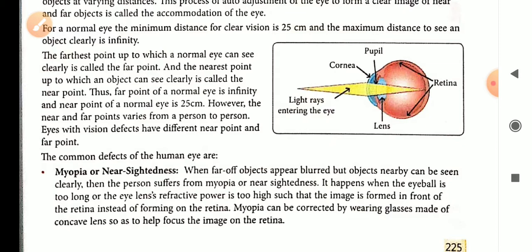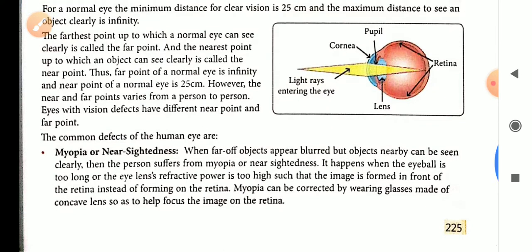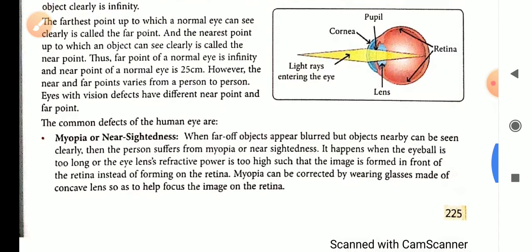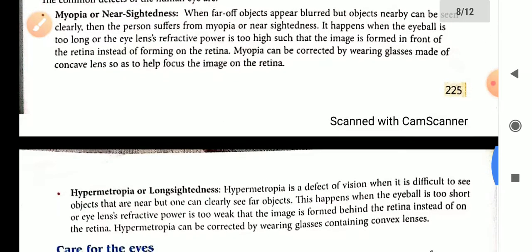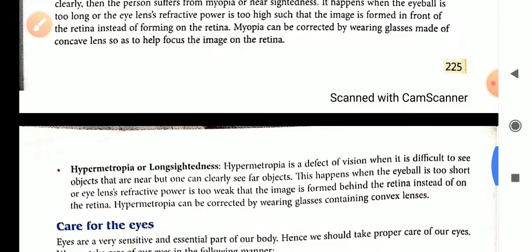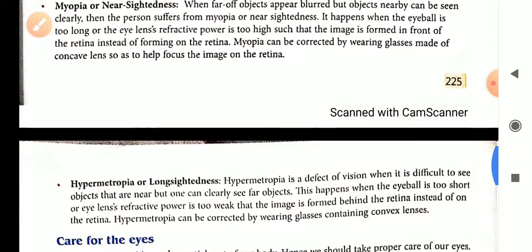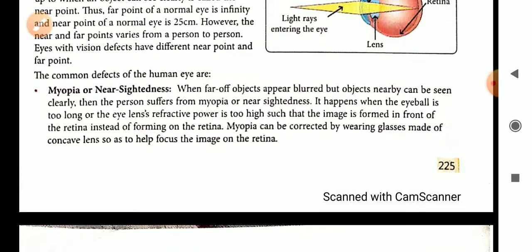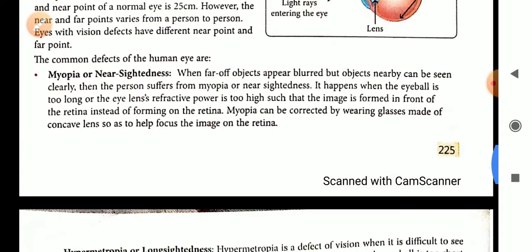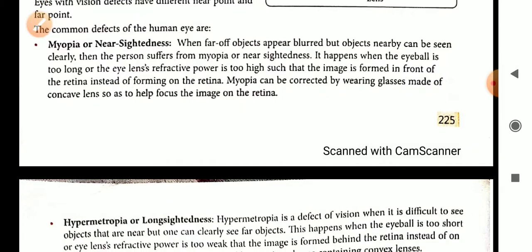Eyes with vision defects have different near and far points. The common defects of the eye are myopia or nearsightedness, and hypermetropia or longsightedness. Many others exist, but in your standard you have to read only these two.